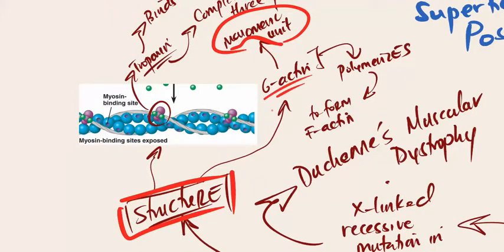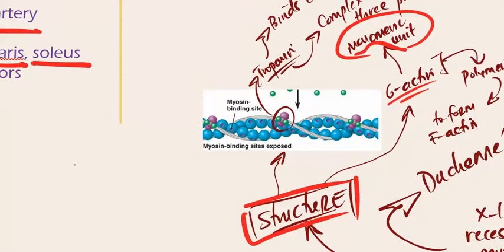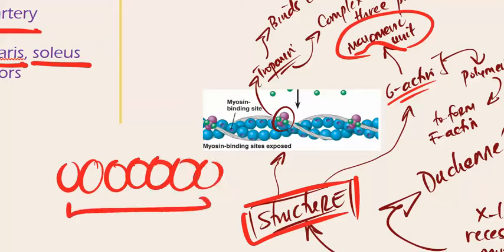So the G actins are the monomeric units of the actin. When the G actins come together like so, they form the F actin, right? So if you take one of these, that's your G actin, but if you put them together, then it becomes your F actin.